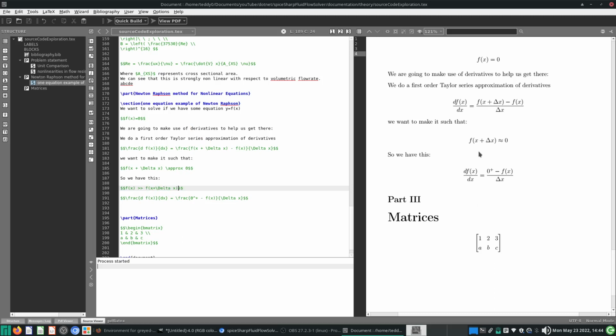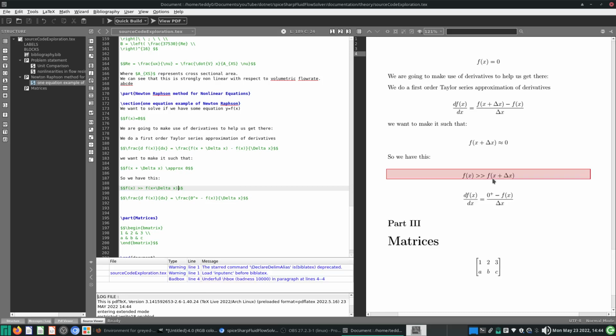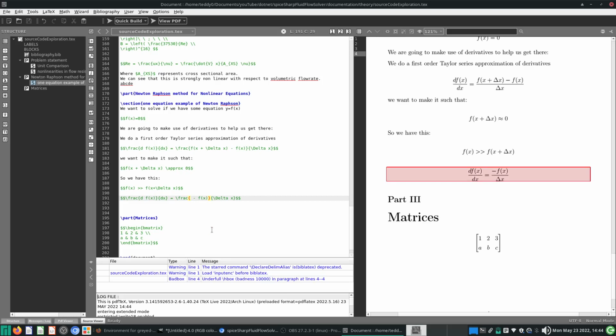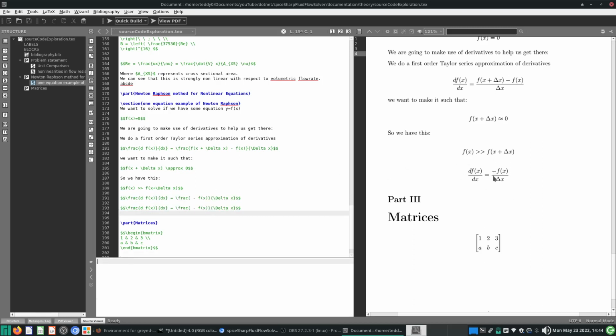Because of this, we can essentially just ignore this term. We ignore this term, and we solve this equation to get our delta x.